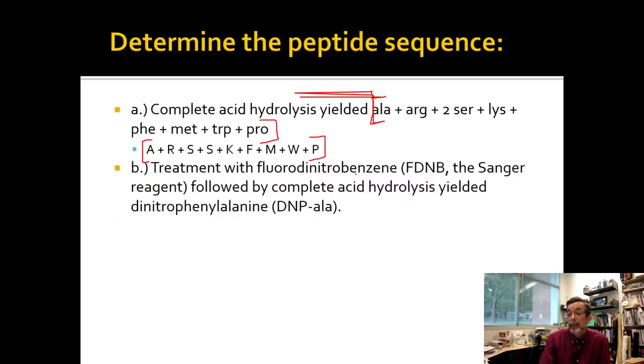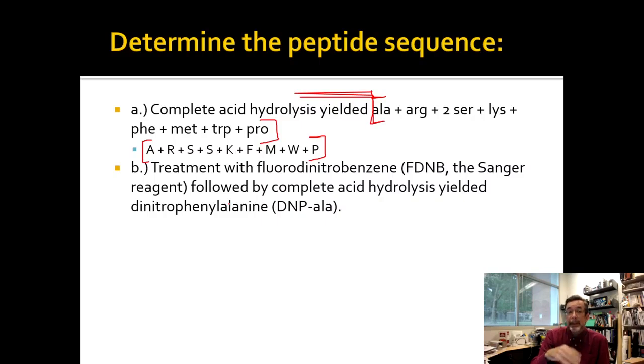We treat them with FDNB, followed by the same complete acid hydrolysis, that will tell us dinitrophenylalanine, DNP-Ala. Now, realize there's a little thing here. What is the N-terminal residue? The N-terminal residue has had a dinitrophenyl group added to it. If it was phenylalanine, this would be dinitrophenylphenylalanine, but there's just one phenyl.